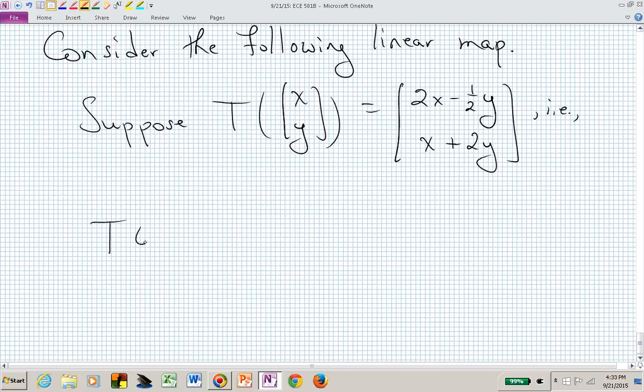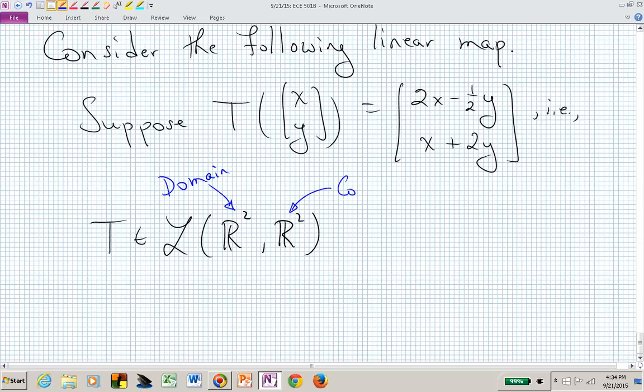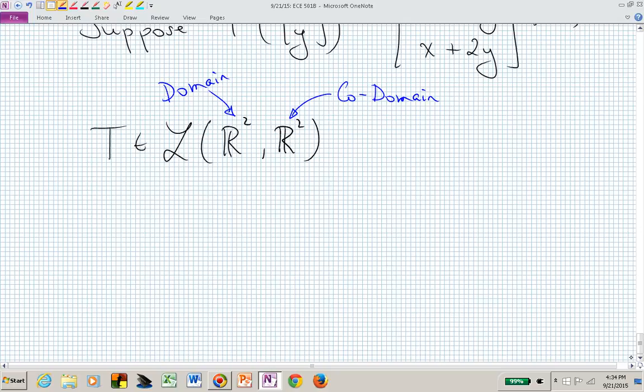Now we have T as a linear map from our domain R2 onto our codomain R2 also. Now, suppose that we've already picked two different sets of basis for R2, a V and a V bar.